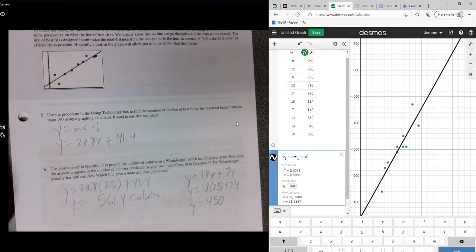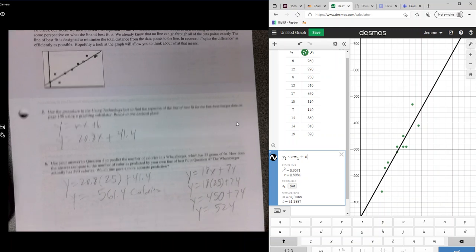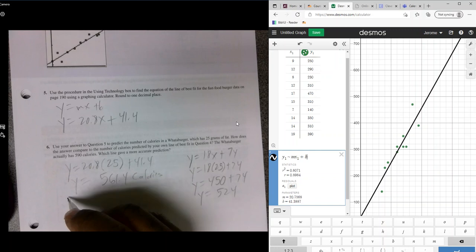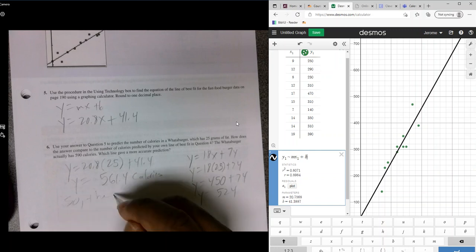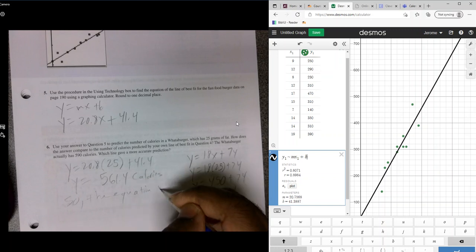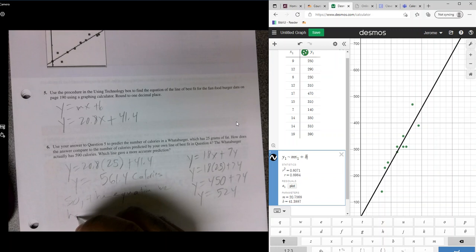All right, and they say here that the Whataburger actually has 590 calories. So the equation we have from number 5 is more accurate.